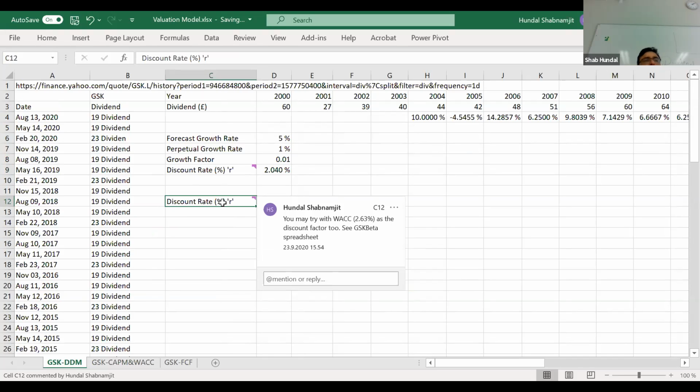My personal belief is that if a company has less debt in its balance sheet, then you can live with the CAPM ROE rate as a discount rate. But if a company has a sizable proportion of debt in its balance sheet, then you should take WACC.